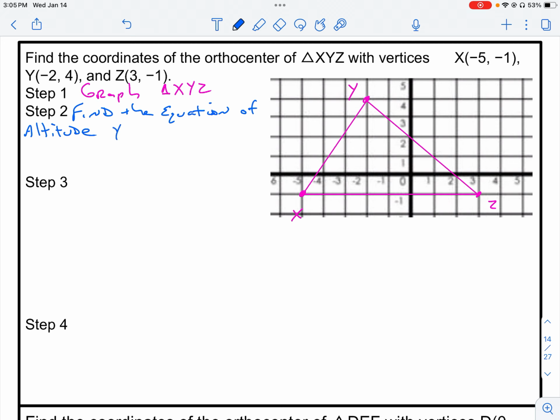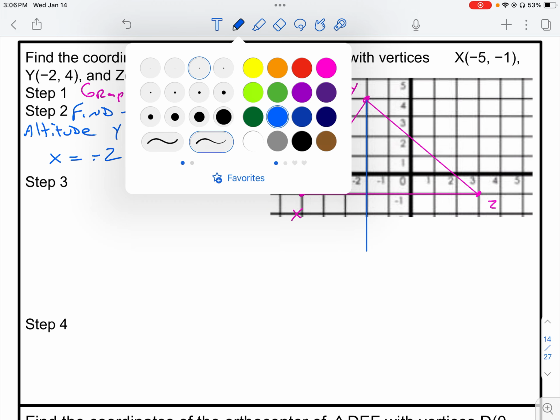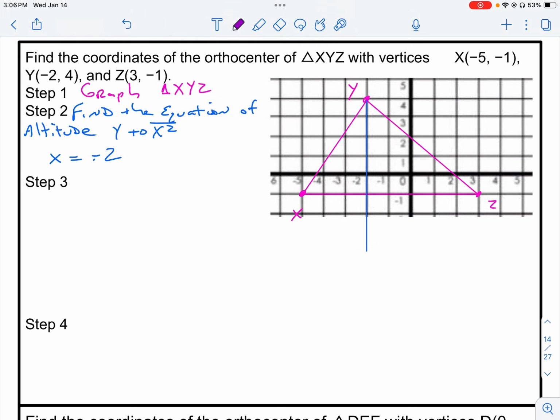We're going to go from Y to line XZ. Well, it has to be a vertical line, so it's going to go along this grid line here. Y is at -2. It's a vertical line, so we're going to have x equals something, and it's going to be -2, just like the x coordinate, which is why I picked it, because it makes it super easy.